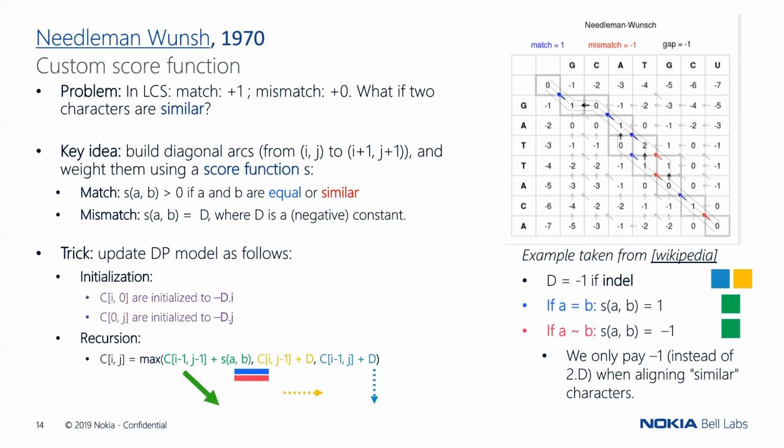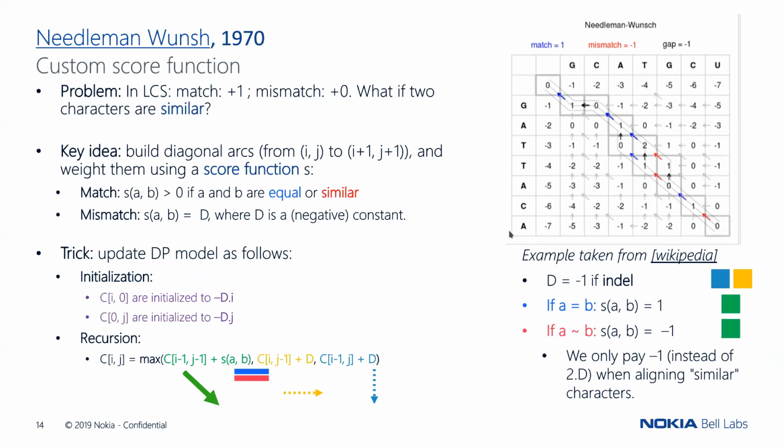This problem arises, for example, in bioinformatics, where some letters, some nucleotides, are similar. And so the idea is to slightly generalize the underlying cost function of your problem to take this consideration into account. And so it's very natural.